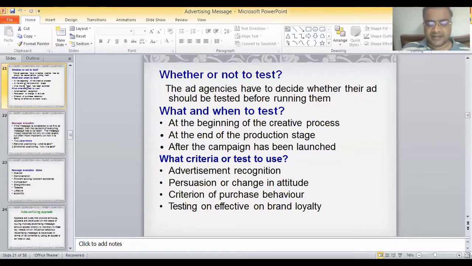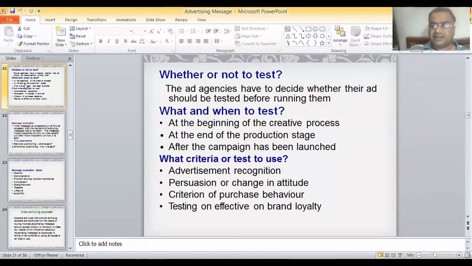Then the second one is the interview test. In an interview test, we again call the prospective audience, customers or clients, and this is done face to face, and again we ask them their views on the advertisement in a face-to-face interview on different parameters.